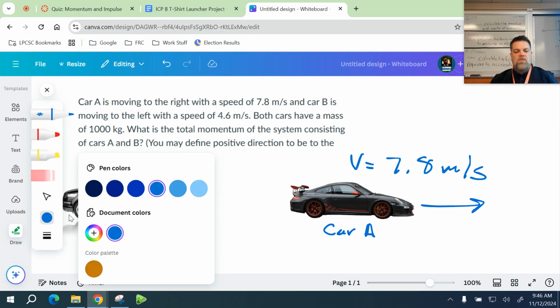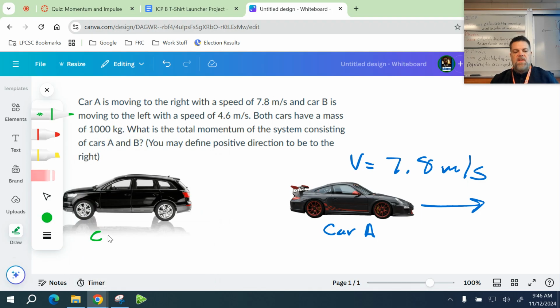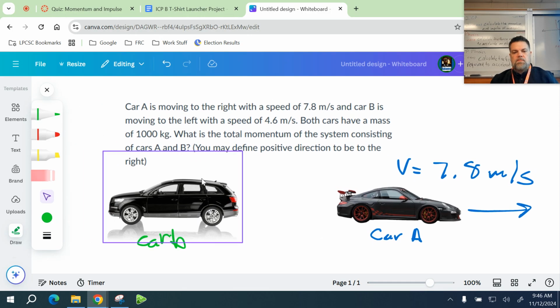Car B, we'll draw that in a different color, I guess. We'll do green. Car B is 4.6, but that is in the negative x direction.